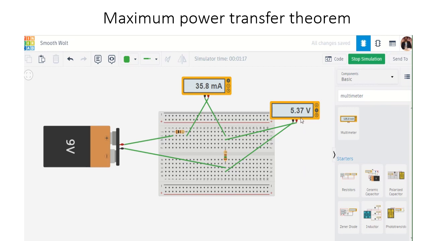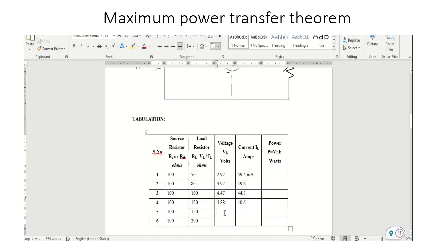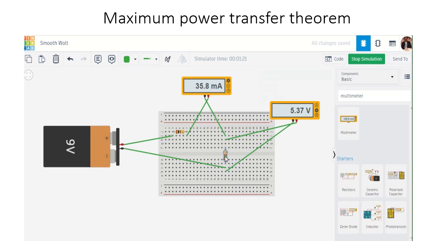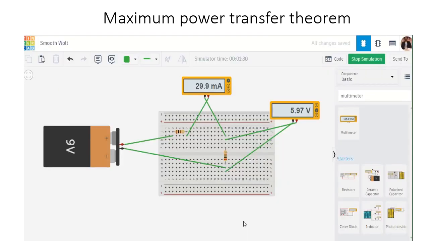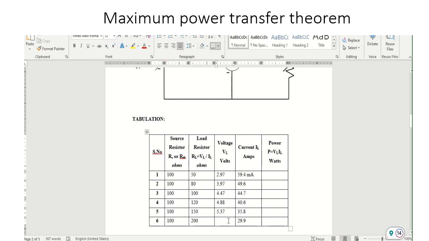At that time, voltage is 5.37 volt. Current is 35.8 milliamps. And finally, 200 ohm resistor. Now the current is 29.9. Voltage is 5.97.